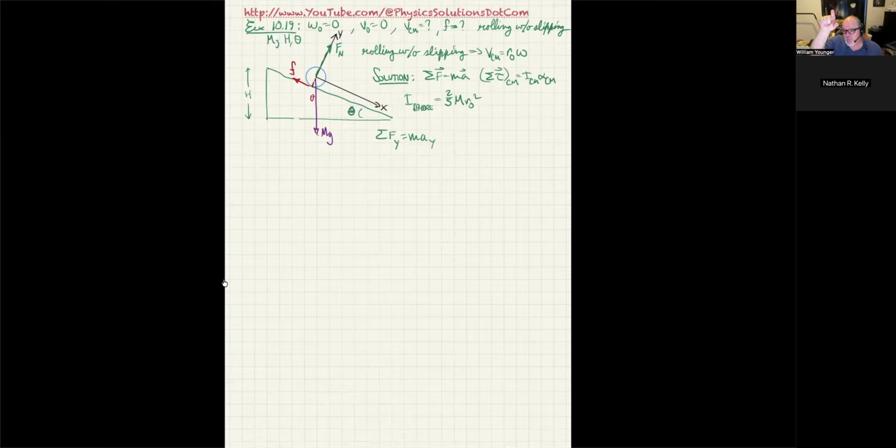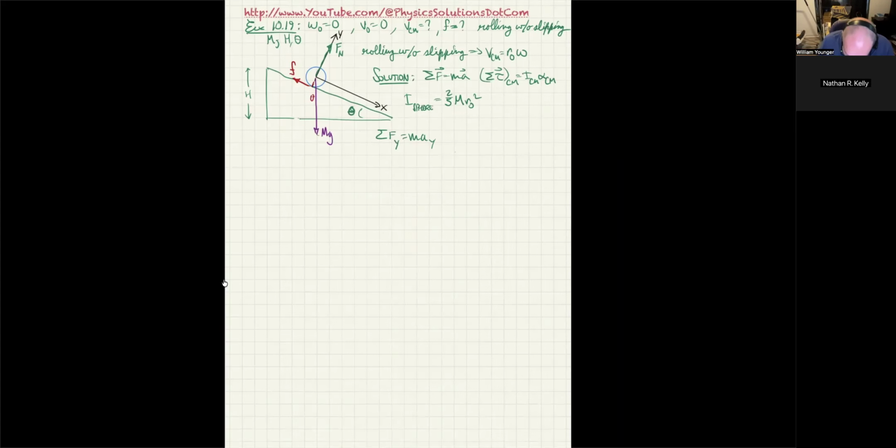So the position of the center of mass of the ball is not going to have a changing y at all. Since the y is not changing, the velocity in the y direction is zero, which means the acceleration in the y direction is going to be zero as well. So the right hand side is just zero.